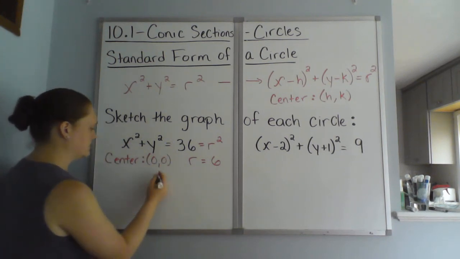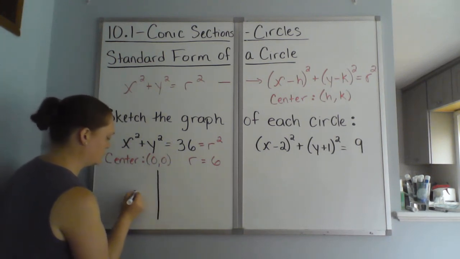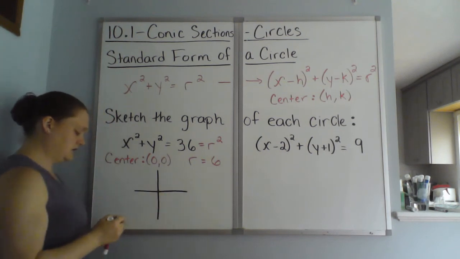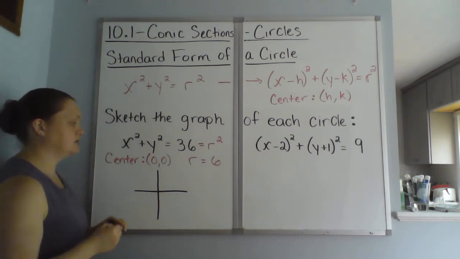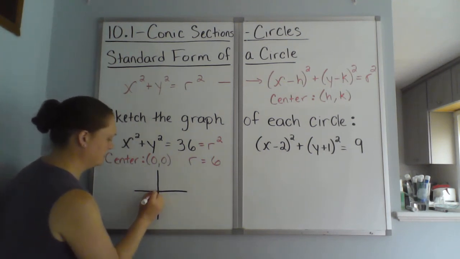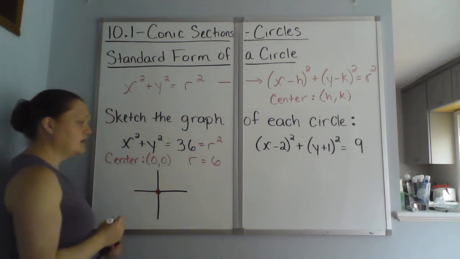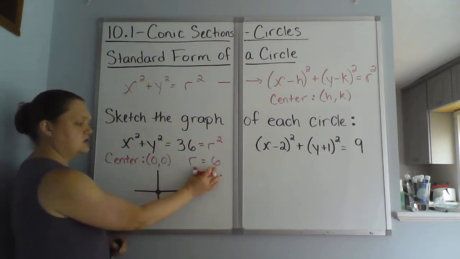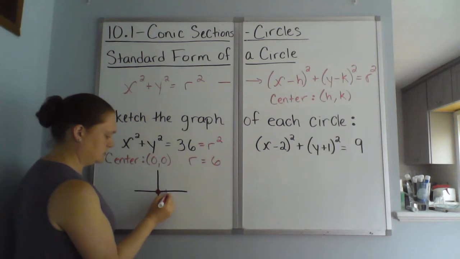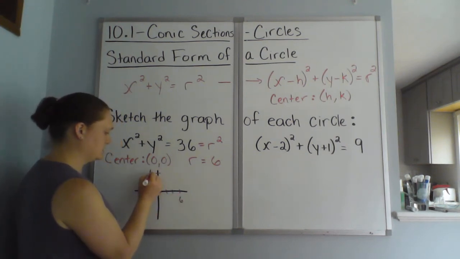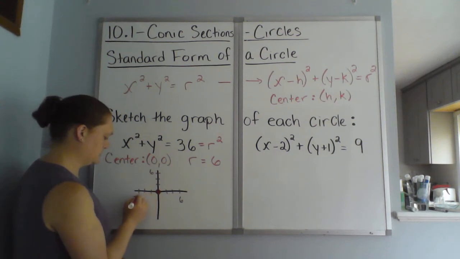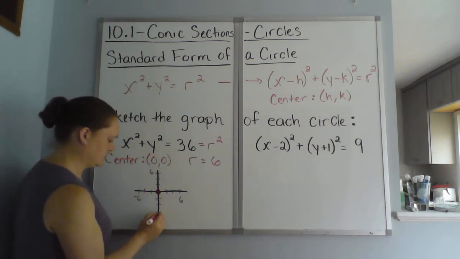So when I draw, my center is going to be at 0, 0, which is right here. Now I want to go 6 units in any direction. So I'm going to go 2, 4, 6, in each direction.